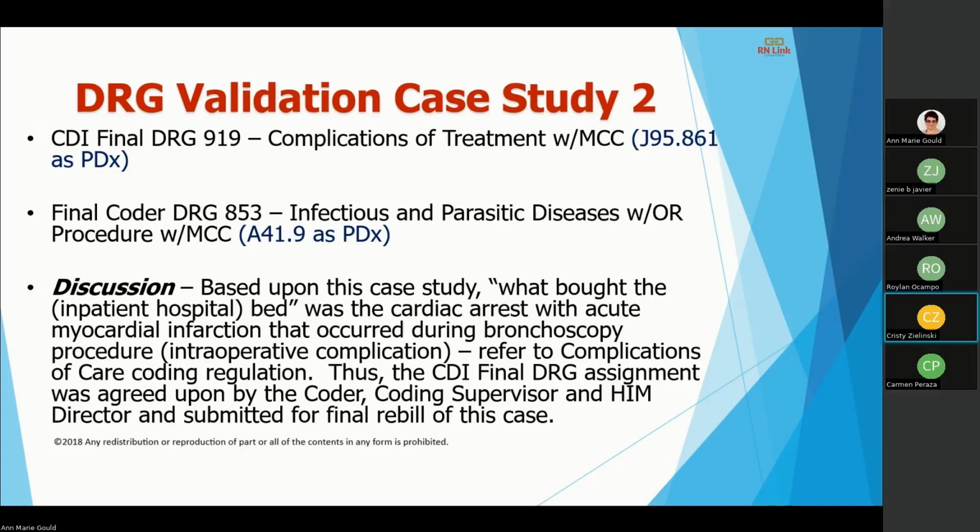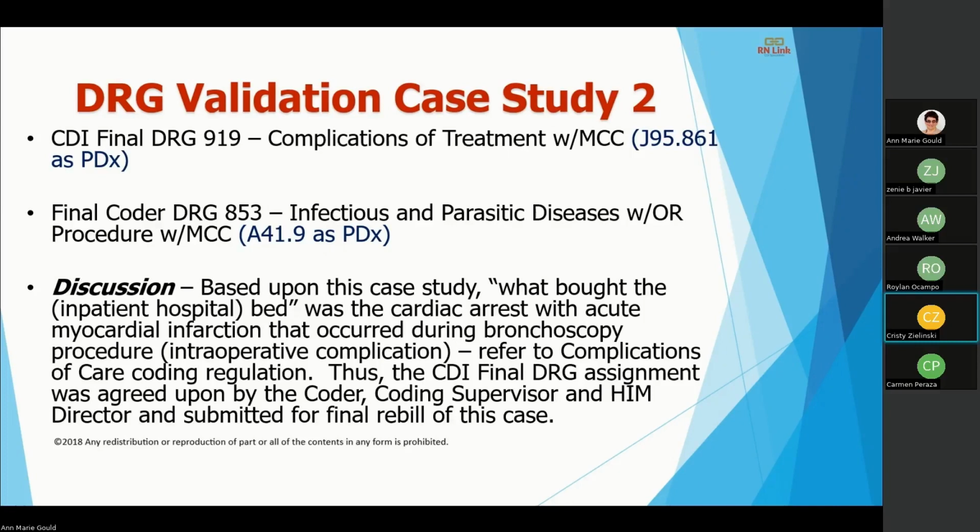So that's when I clarify: can you please specify what the acute organ dysfunction is? Sometimes they will say without acute organ dysfunction, or sometimes they will write in the others that the patient has AKI, something like that. It's also a red flag for denials or audits.